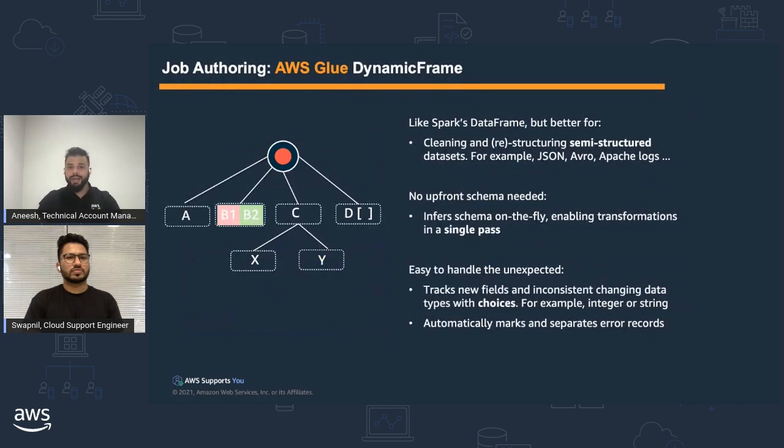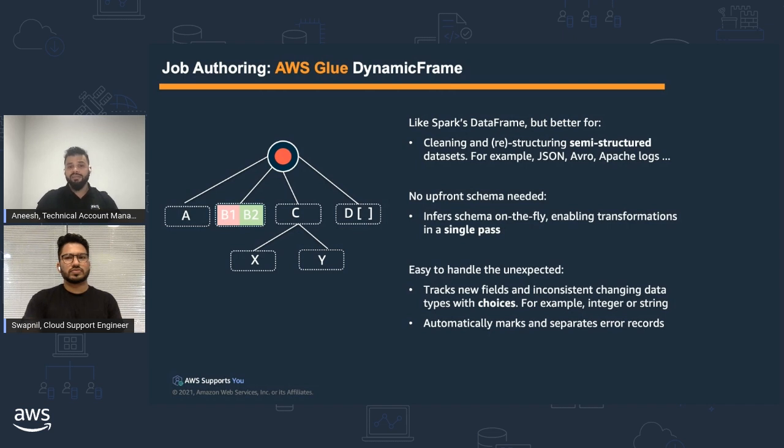Now, as explained in the previous slide, DataFrames are the basic core data structures for Spark. They're like structured tables where we need the schema upfront and each row has the same structure. Now, when it comes to ETL jobs, you're looking at unclean, incomplete, semi-structured data, for example, logs in Avro or JSON format.